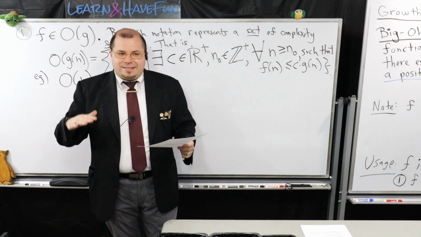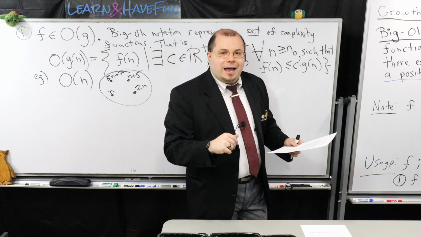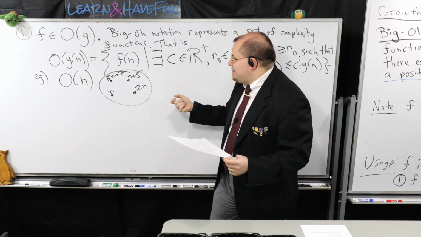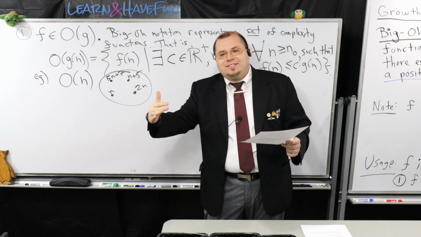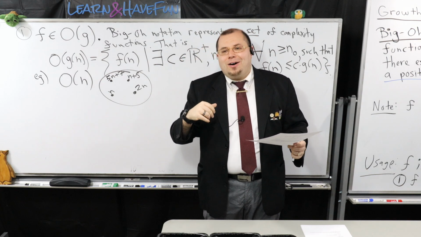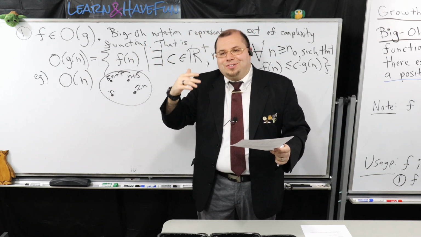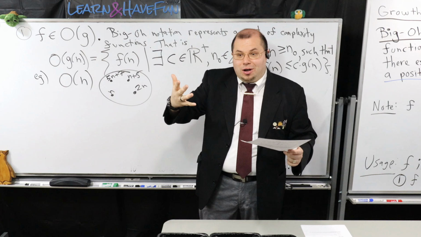Well, for us at this stage, I think that's an appropriate way of looking at it. But one thing I must stress is that big O notation represents an asymptotic upper bound on the complexity. So it also includes other functions that are less than it in terms of their dominant terms.